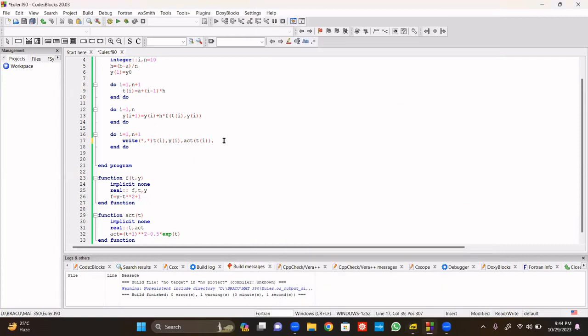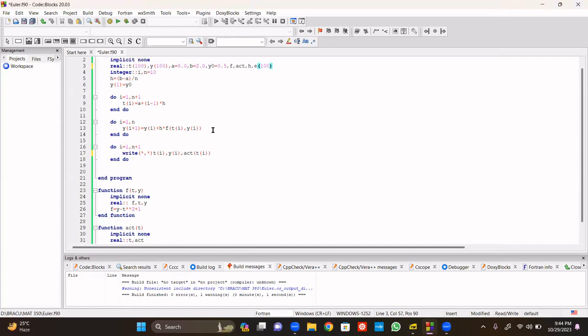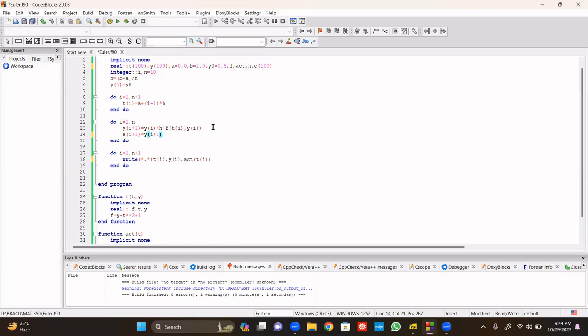What we can do is just write the expression for our error here, or we can be a little bit more formal and add another array here, E(100) declared here, and add an extra line in this loop: E(i+1) is equal to y(i+1) minus ACT of x(i+1).